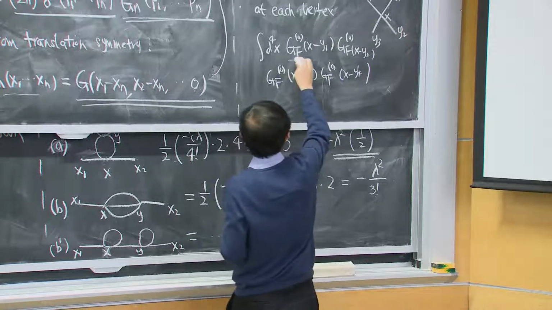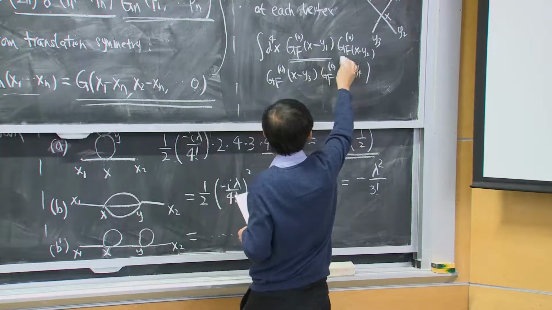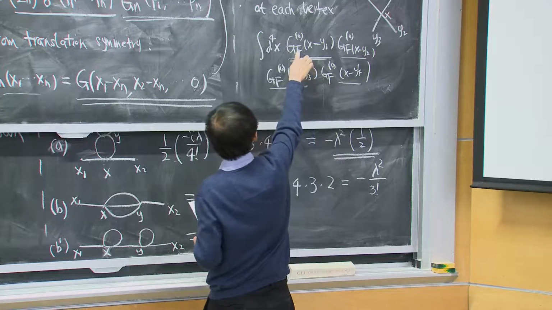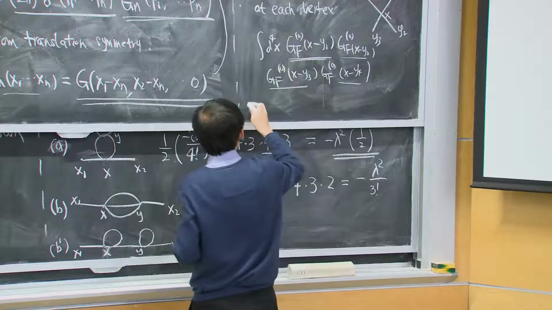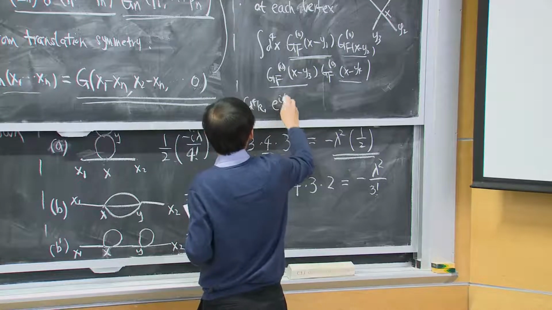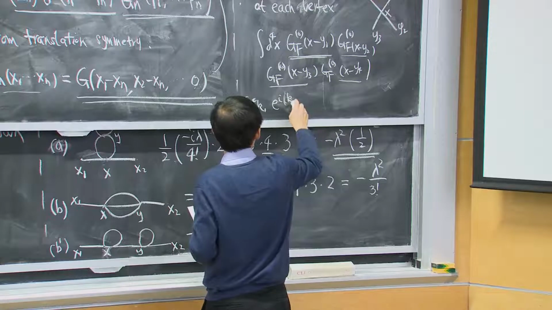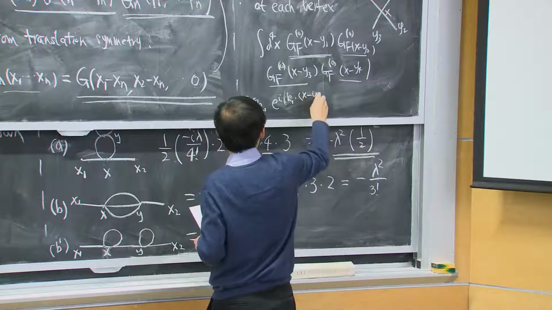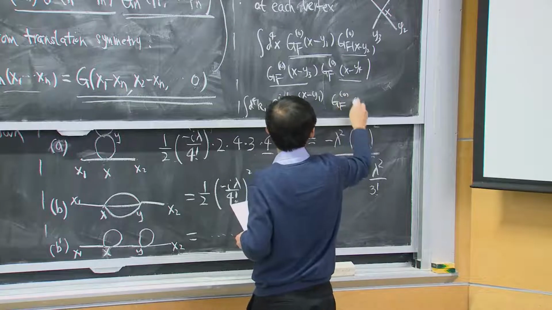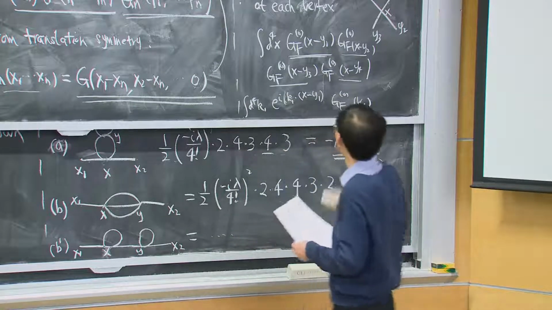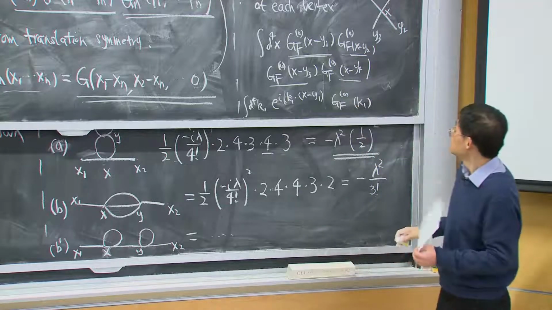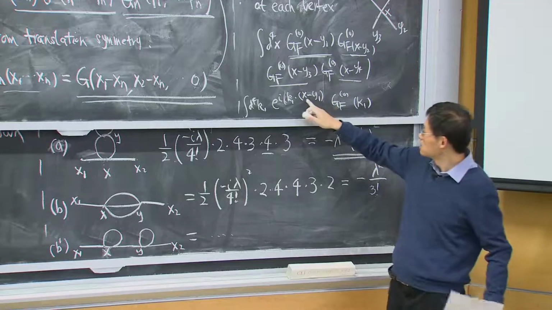Now let's write each of them in terms of momentum space. If you write this in terms of momentum space, then you get d4k1, exponential i k1 times (x minus y1), then G_F0 of k1. Okay, and similarly for the others.